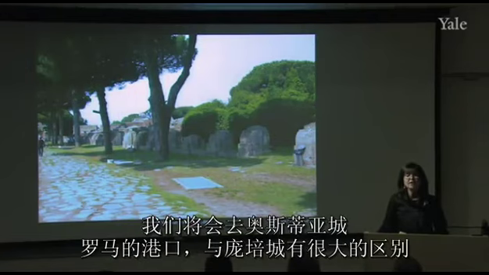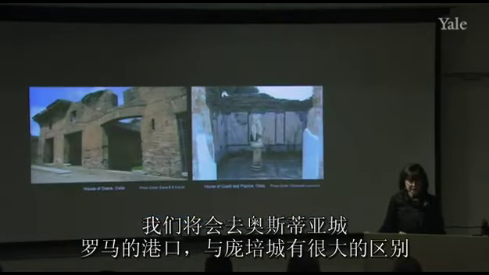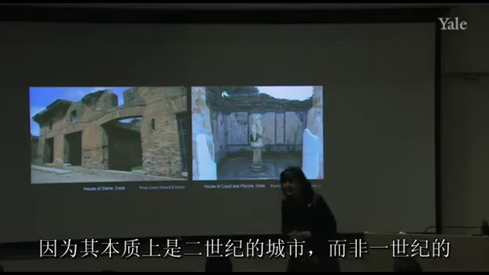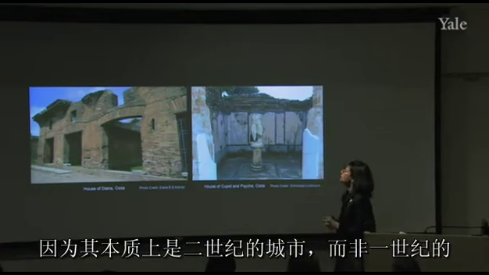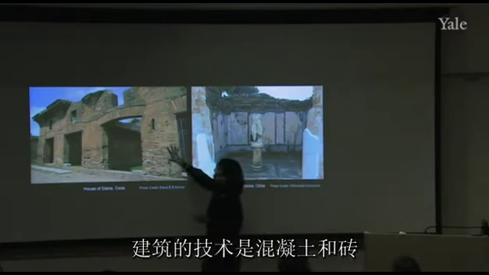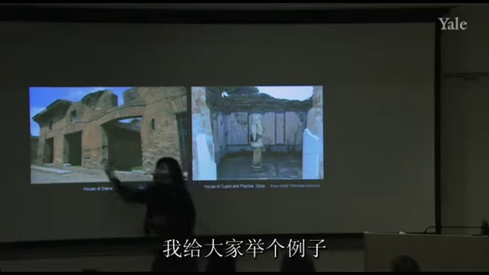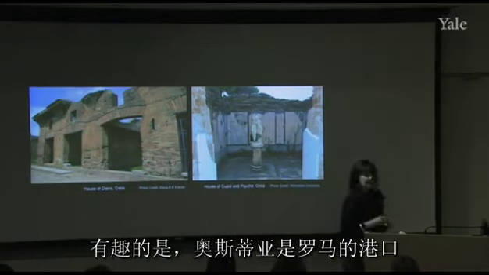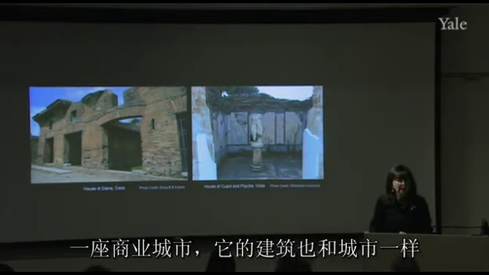We'll also go to the city of Ostia, the port of Rome, which is a city very different from Pompeii because it is essentially a second century Roman city rather than a first century Roman city. The construction technique is concrete faced with brick. I show you one example of that, but what's most interesting about the houses in Ostia has to do with the kind of city it was. Again, the port of Rome, a commercial city.